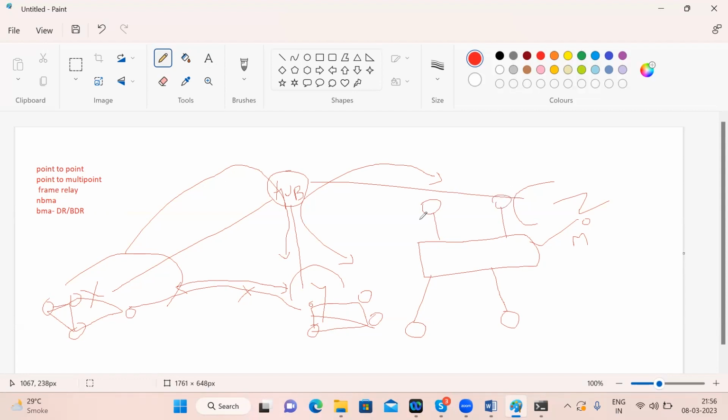All the routers are connected in different networks. Listen to me properly. This one is connected in network 1.0, the second one in 2.0, the third one in 3.0, and the last one in 4.0.